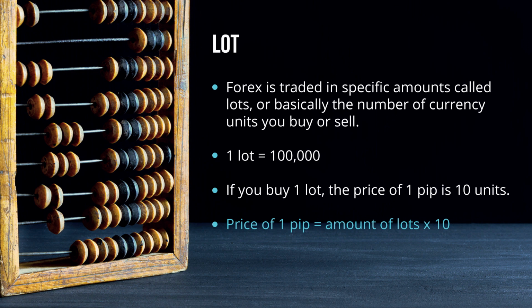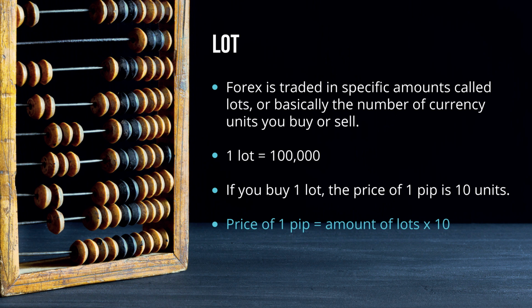Also, if you're buying one lot or selling one lot, then the price of 1 pip is 10 units. In other words, if you're buying, for example, $100,000, one lot, every time that the currency exchange rate of the dollar changes by 1 pip, by 0.0001, that means you will have a profit or loss of $10 in this case, since you're trading in dollars.